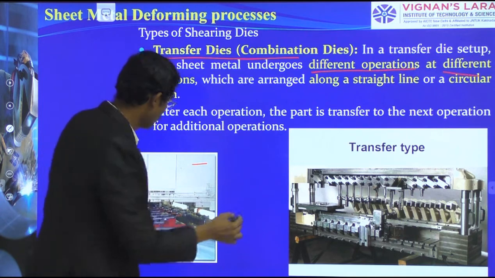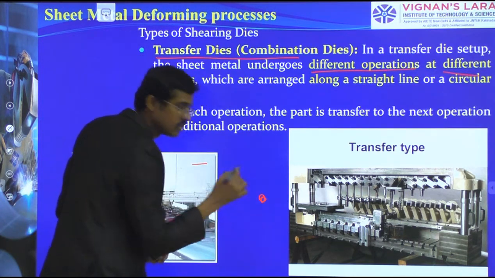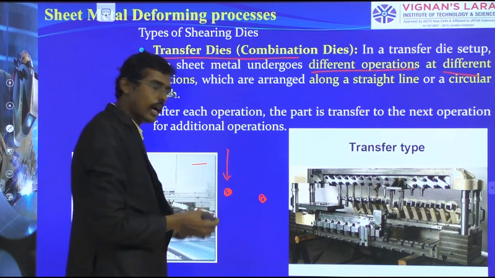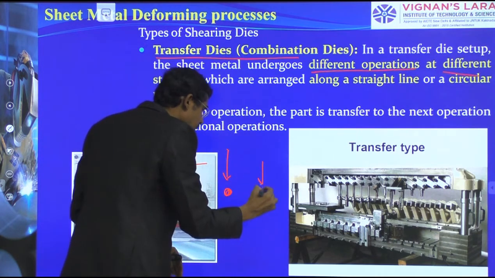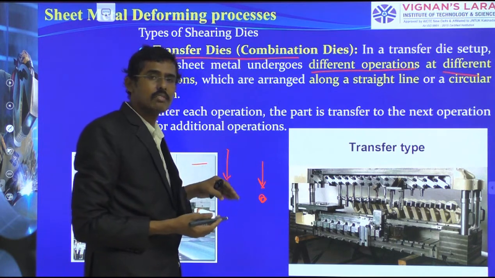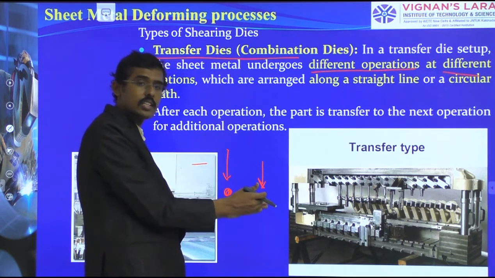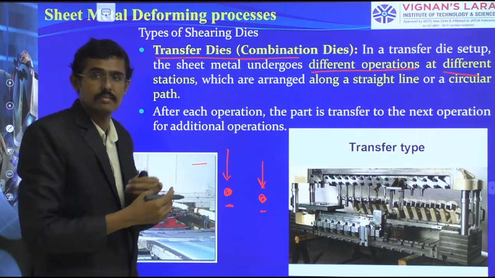This is one station and this is another station, and here we are going to do one operation, and the same strip is moved here, and again we do another operation. In this way the operation extends itself from one station to another station to perform the task.